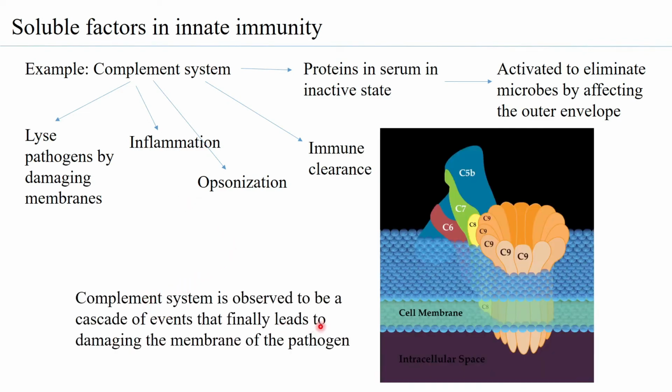The complement system is a cascade of events that finally leads to damaging the membrane of the pathogen. As you can see here, the complement system has formed a pore in the cell membrane, so extracellular components can enter the intracellular space, while intracellular contents can go out. An osmotic imbalance is created, because of which the microbe or pathogen can die.